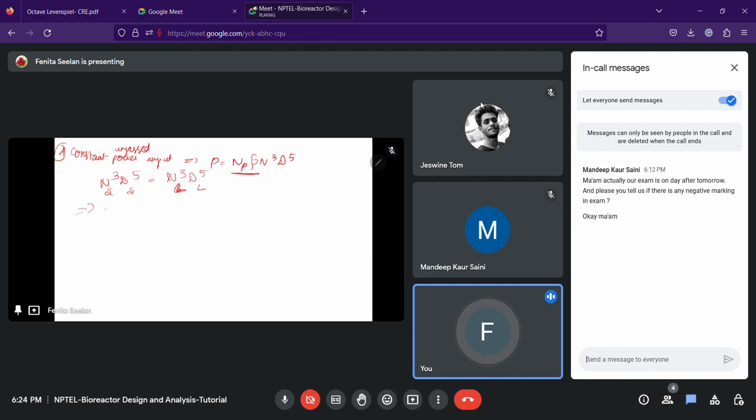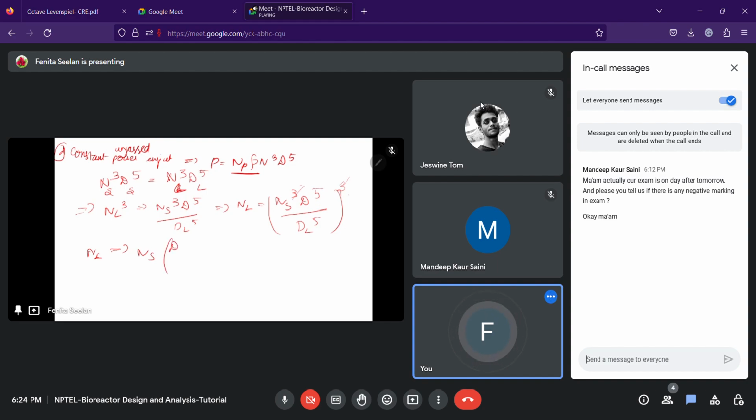So what do you want? You were asked about your NL. NL cube is equal to NS cube d power of 5 divided by DL power of 5, whole power of 1 by 3. If you do this, how does NL become like this? Your NS will come out.